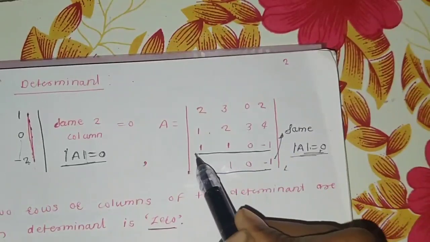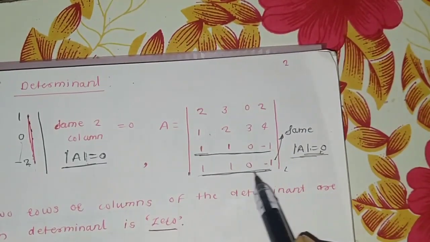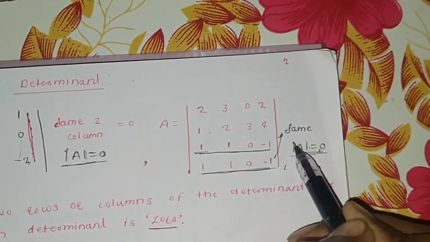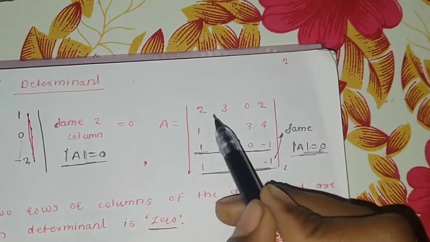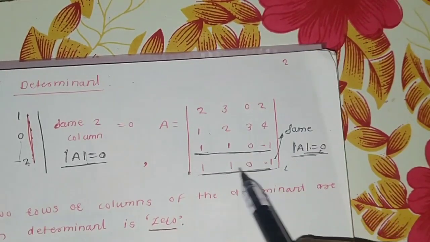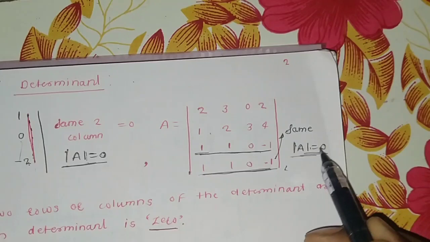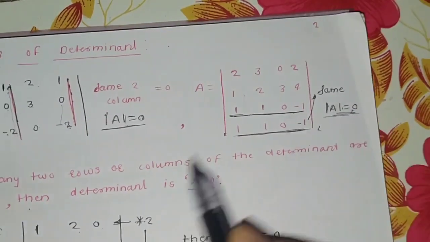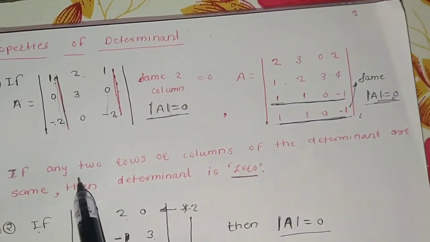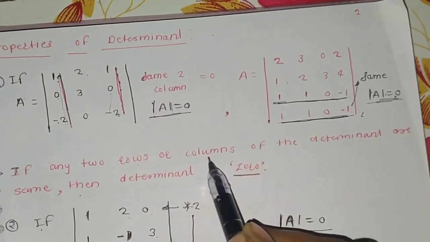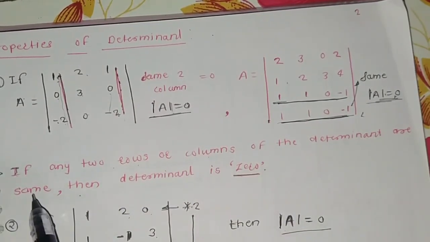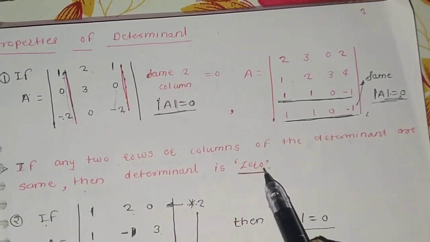So similarly, if there are 2 rows similar, then also determinant is 0. So here you can see these 2 rows are same. Okay guys, so determinant directly 0.